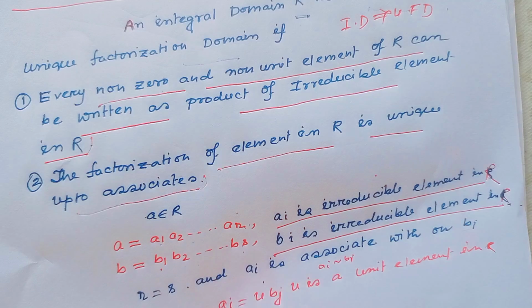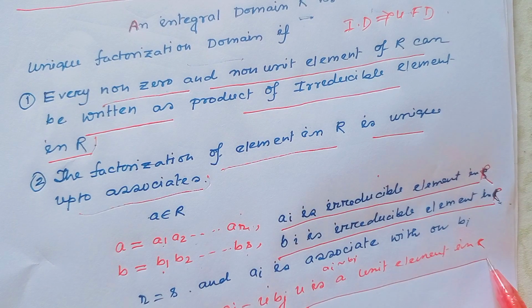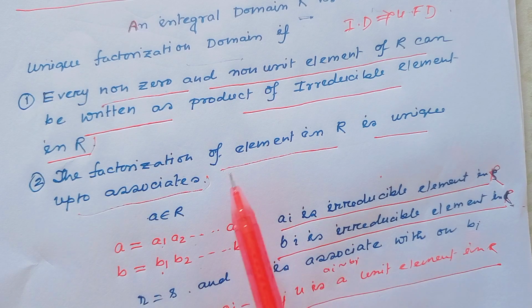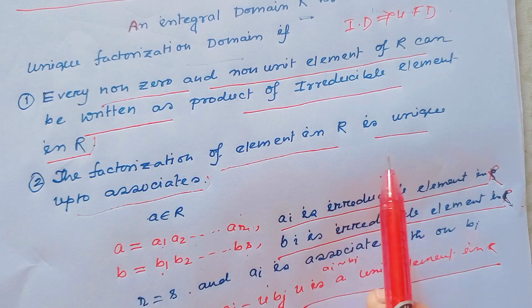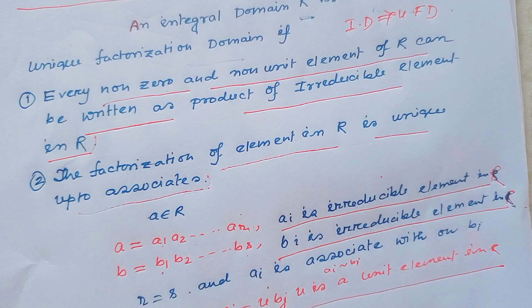That means ai equals u times bj, where u is a unit in R. This factorization should be unique up to associate. So this name is unique factorization domain.